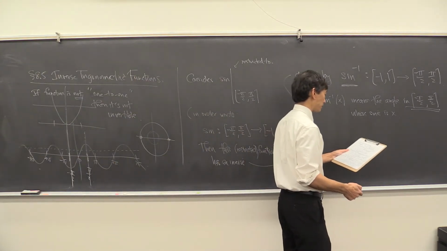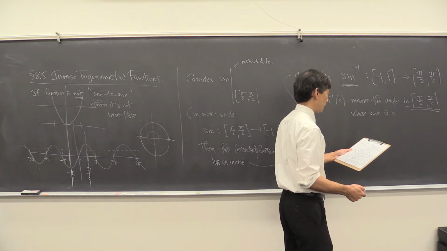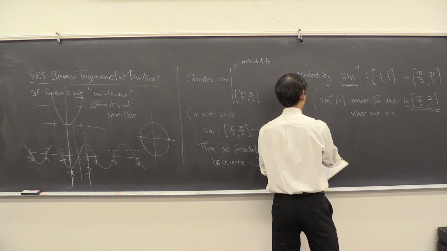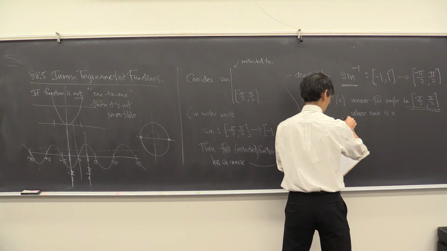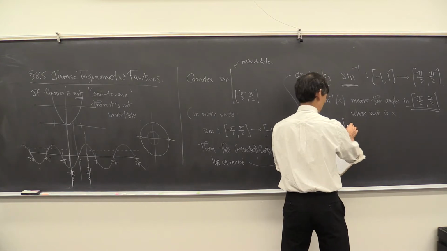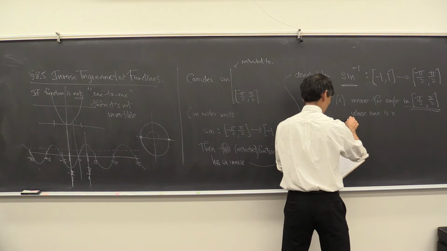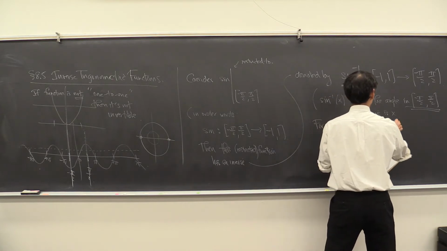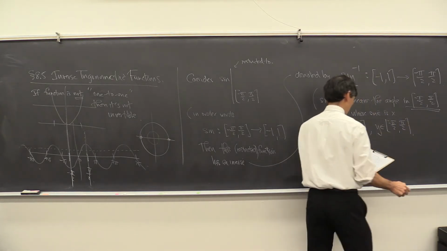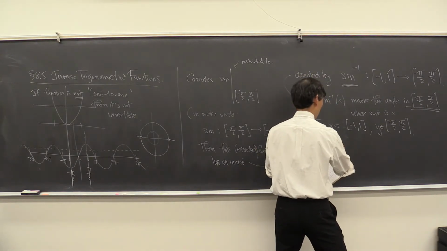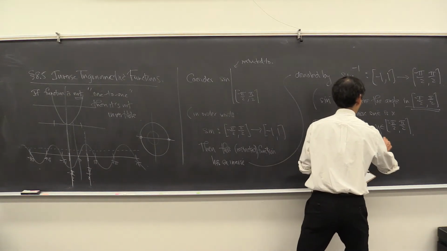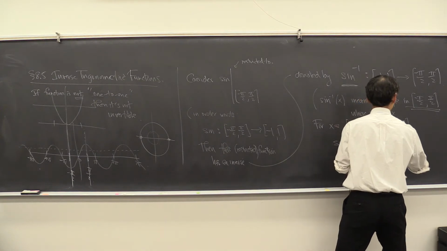So as long as x is in negative 1 to 1, and y is in negative pi over 2 to pi over 2, we have that sine y equals x if and only if y equals sine inverse of x.